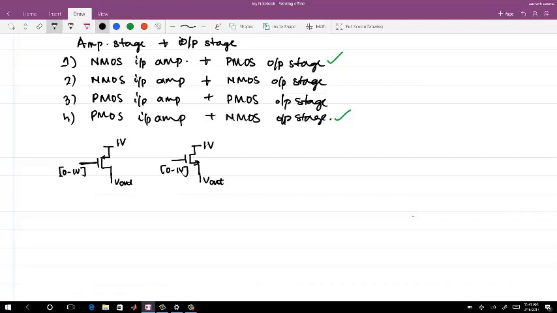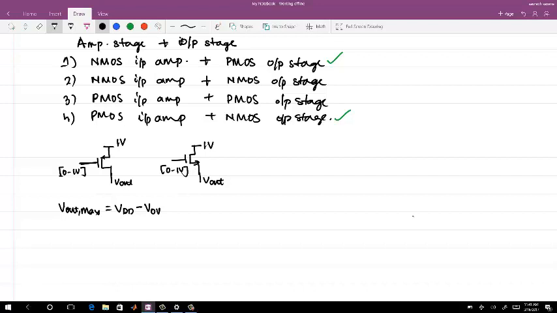VDD minus V overdrive. So let's say at max, V out max for the PMOS case is VDD minus V overdrive. Now I'm asking the question: you need to only keep the MOSFET in saturation, right?